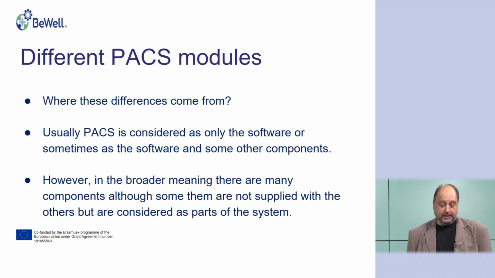However, these differences exist because the picture archiving and communication systems include some parts that are usually not supplied with the software. And software is supplied with some of the hardware, but not with all of it.